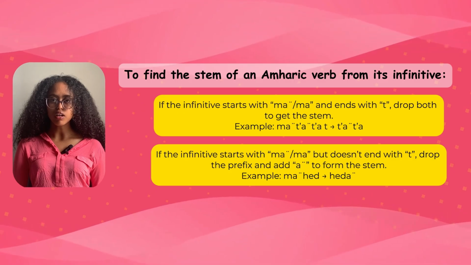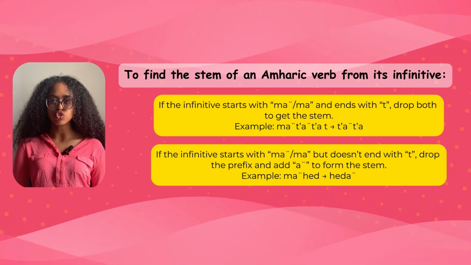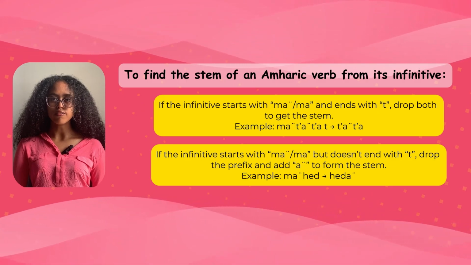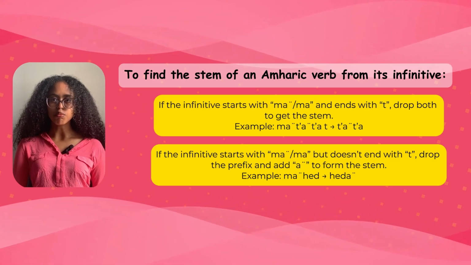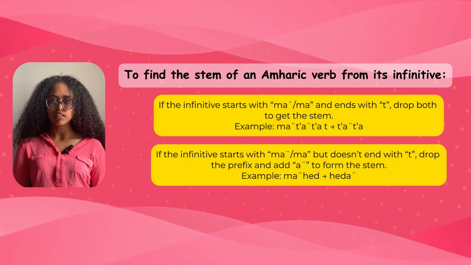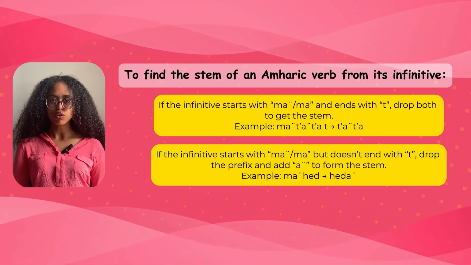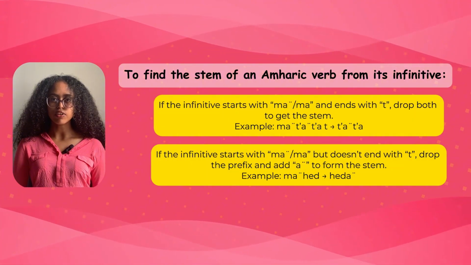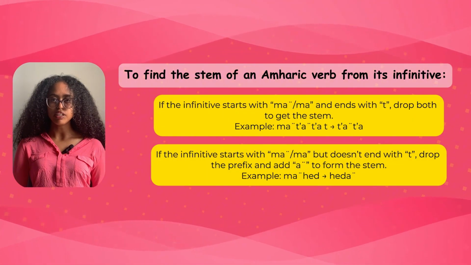Prefixes could be me or ma, while the suffix is usually t. In another case, some infinitives do not have the suffix t. For example, the word mehid, which basically means to go. What we do here is we drop the prefix, then add a suffix a. That would be heda.